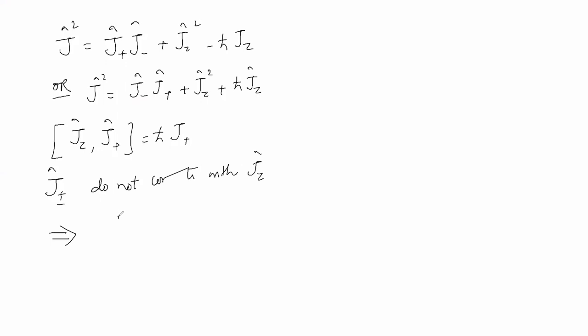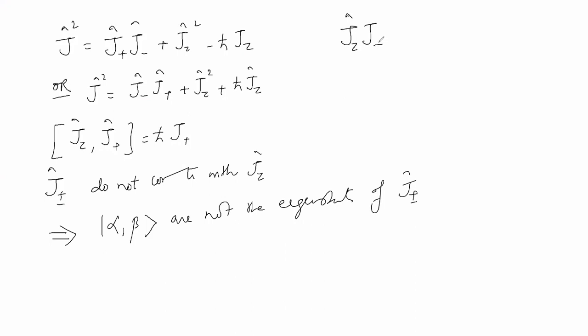This would imply for sure that the ket we are talking about, alpha beta, is not an eigenstate of J plus minus, because if alpha beta is an eigenstate of Jz by our choice, and since J plus minus do not commute with Jz, therefore alpha beta cannot be an eigenstate of J plus minus.